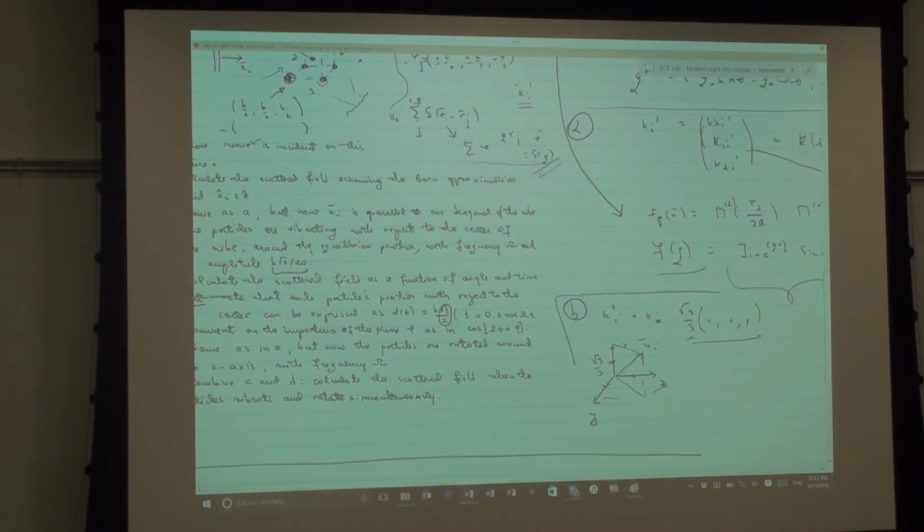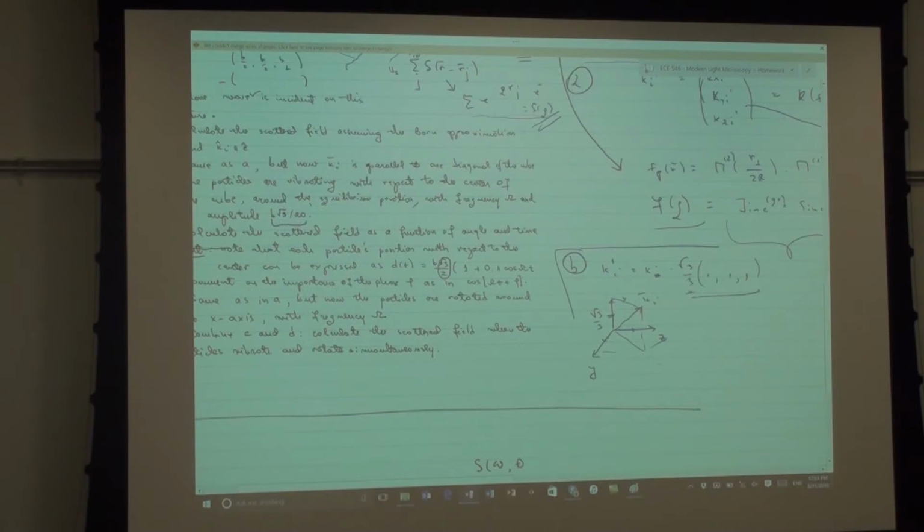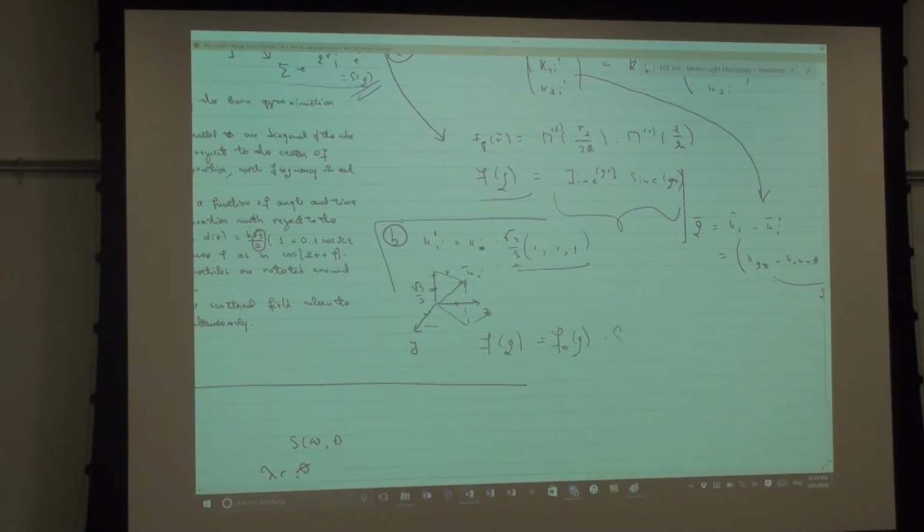You get the exact same scattering amplitude, which will be your form factor f0 times S of q, with q now being equal to k_s minus the new k_i, k prime.